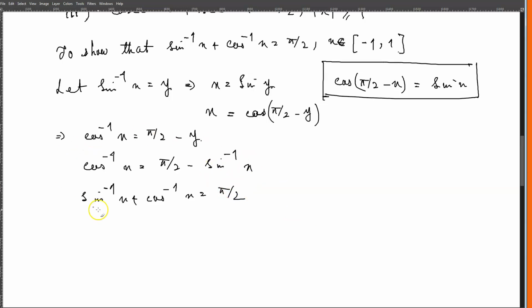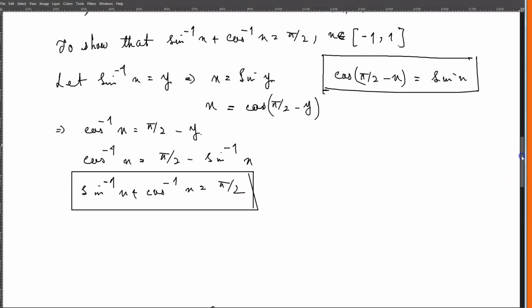And in the same way we can prove all the other results that we have here.